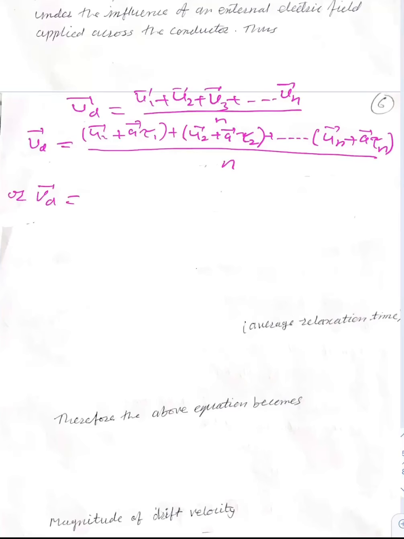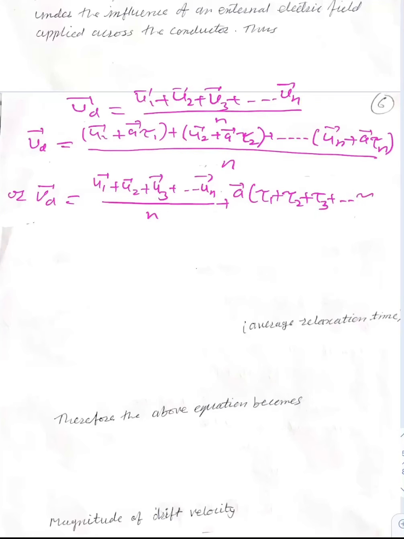Or Vd = (u1 + u2 + u3 + ... + un)/n + a·(tau1 + tau2 + tau3 + ... + taun)/n.